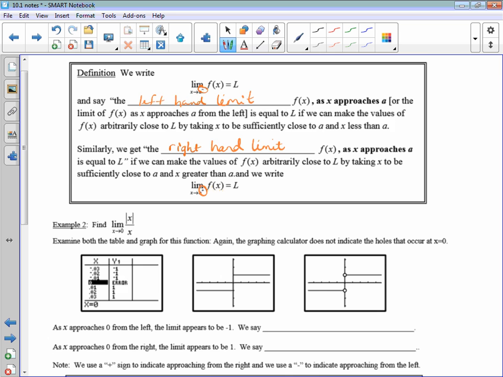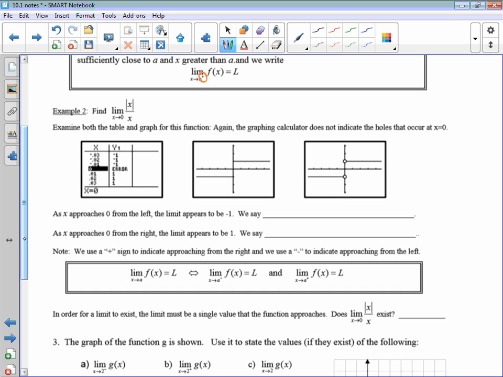All right, guys, so let's look at this example here. We are looking at the function absolute value of x over x, and we're looking at the limit as x approaches 0. Here is your graph, either of these, I don't care which one you look at. So as we approach 0 from the left, everybody see that this is the piece I'm looking at?